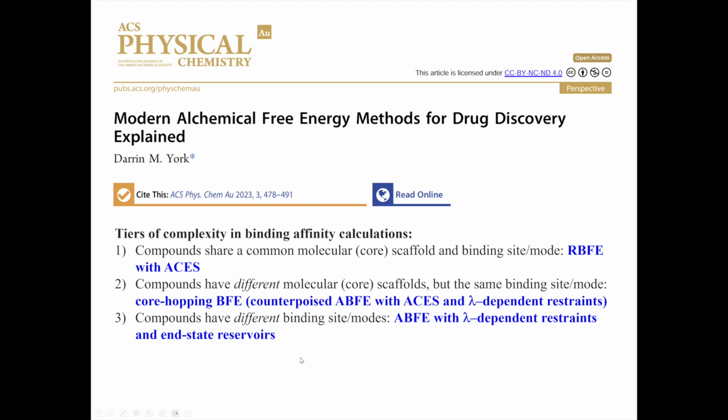So the hardest case is when you have different binding modes, where essentially you have to suck it up and perform absolute binding free energy calculations, because there's no advantage of trying to do something relative, simply because their volumes are not overlapping. There's no benefit in minimizing the perturbation in the environment by doing them at the same time. Usually doing them at the same time is actually adding insult to injury. It's more of a perturbation than doing one at a time.